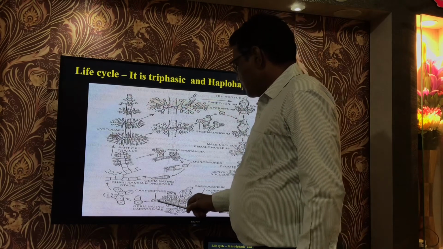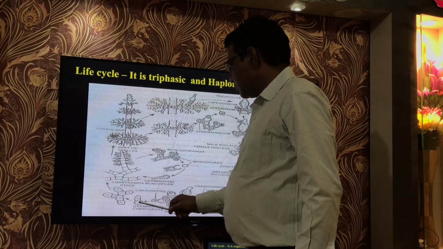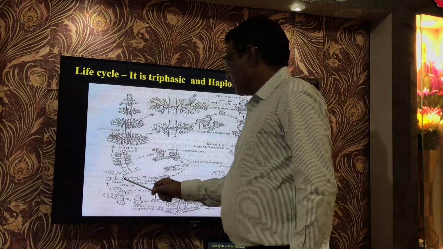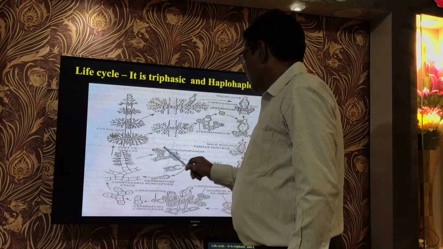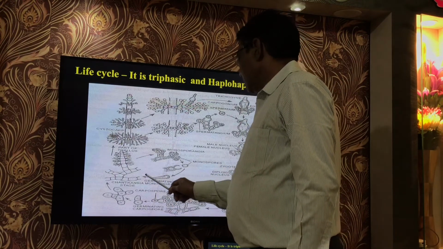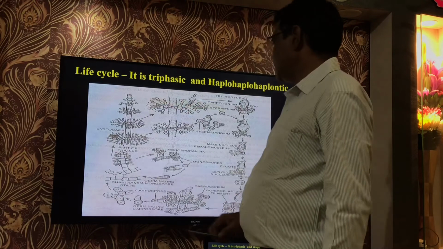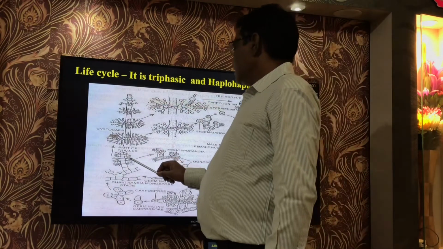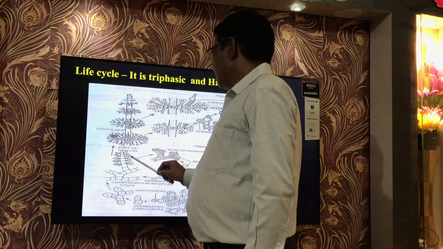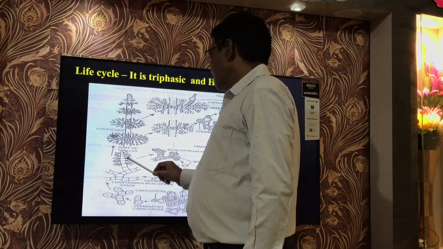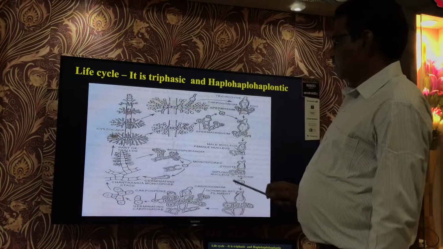That carposporophyte produces carpospores. These carpospores germinate to produce a new phase in the life cycle, that is the Chantransia stage. This Chantransia stage reproduces asexually by monospore and again produces the Chantransia stage, and towards the maturity, the adult gametophyte thallus of Batrachospermum is developed from the erect system of this Chantransia stage.